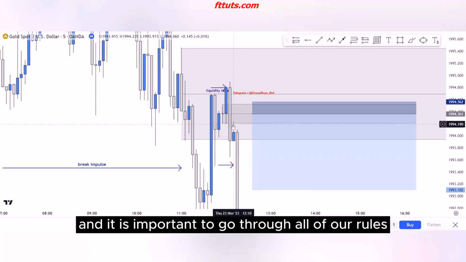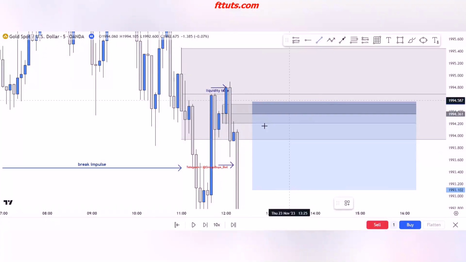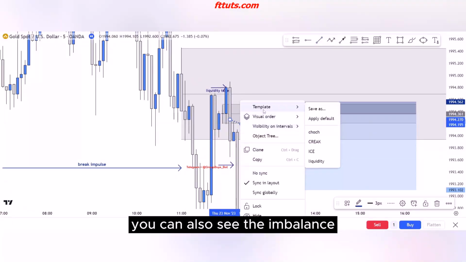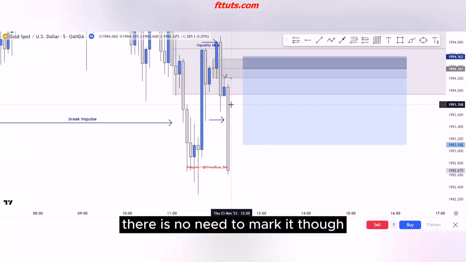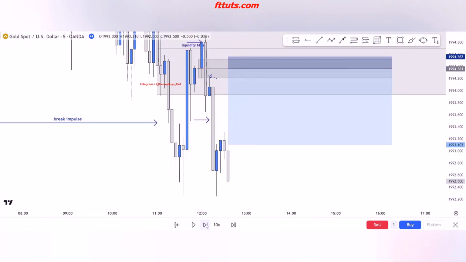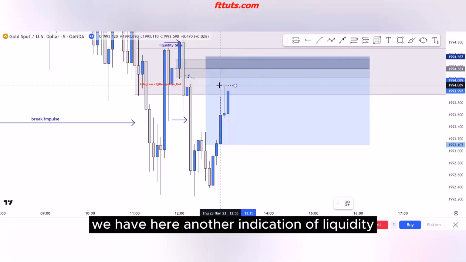And it is important to go through all of our rules. As you can see, we have the liquidity here. You can also see the imbalance. There is no need to mark it though. We have here another indication of liquidity.